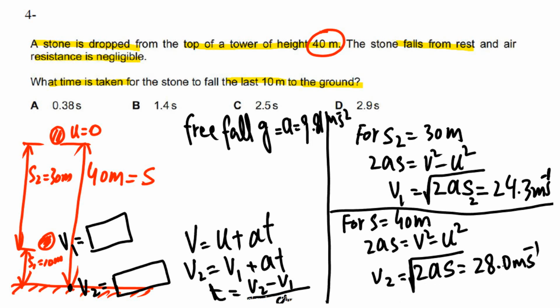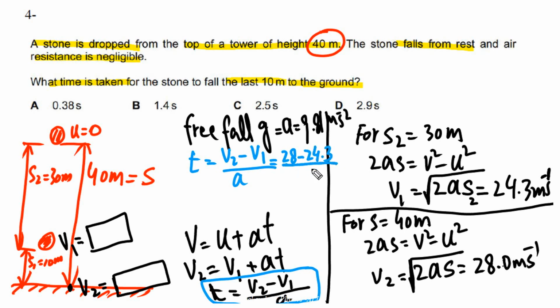Now as you can see, we have the value of v1 and the value of v2, so we can use this formula to find the time. Time is equal to v2 minus v1 divided by a. v2 is equal to 28 and v1 is equal to 24.3 meters per second, and a is equal to g, that is 9.81.